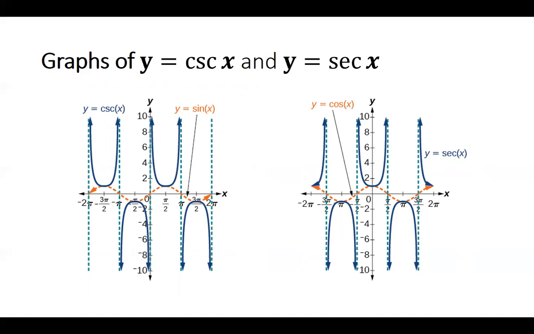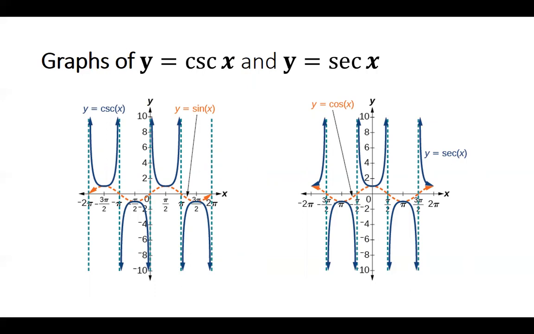Anywhere that sine is equal to 0, cosecant has to be undefined because we end up dividing by 0 and we can't do that. So you notice that anywhere that the sine function crosses the x-axis, there are vertical asymptotes. And the same with cosine and secant, since they're reciprocal functions: anytime cosine crosses the x-axis, there are vertical asymptotes.